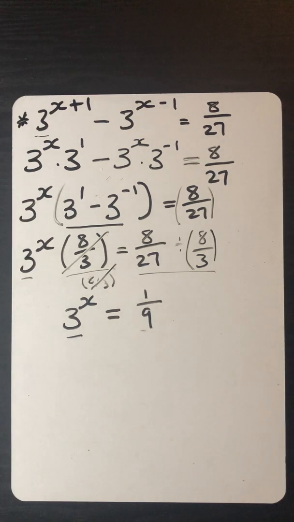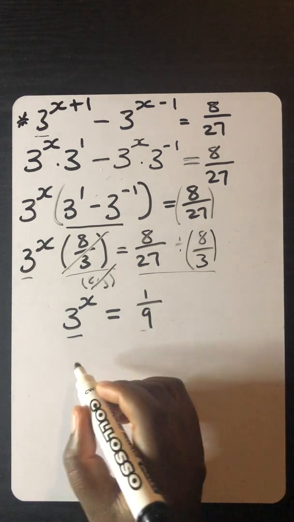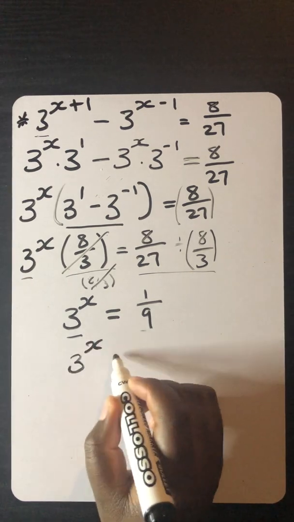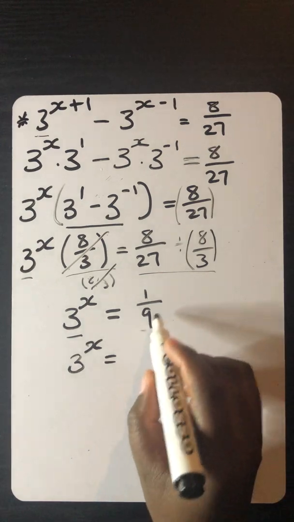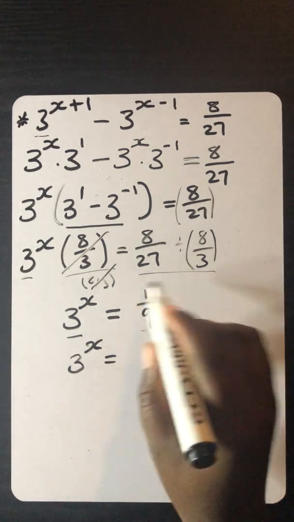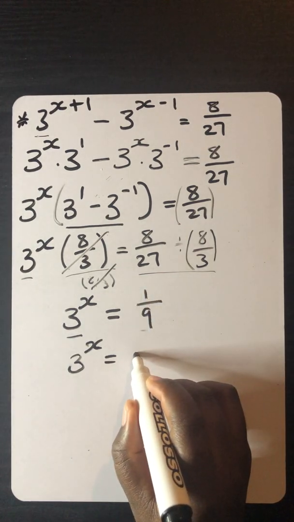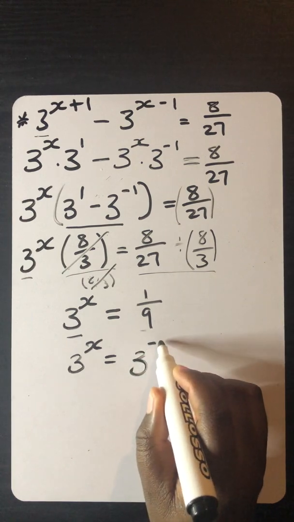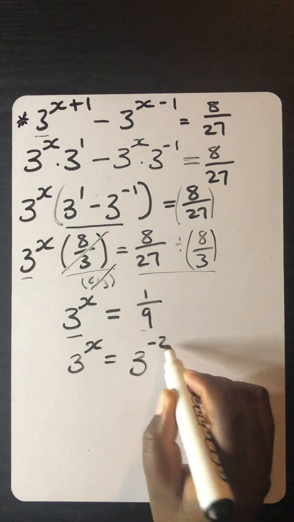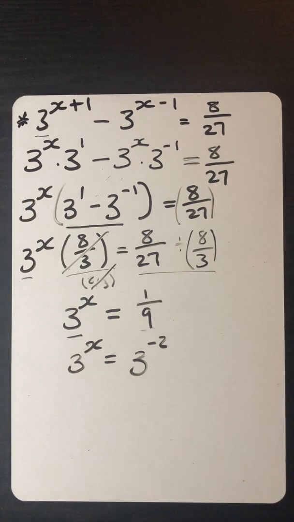I'm not really sure if you also got the same answer, so you can just pause the video and try to punch that on a calculator. So remember guys, this is the same as 3 to the exponent negative 2.